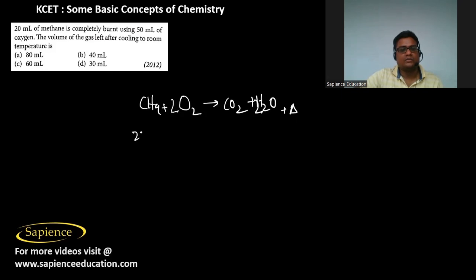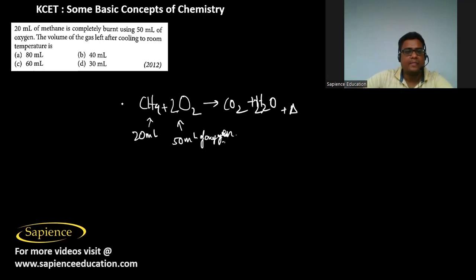So here, 20 ml of CH4 is completely burnt using 50 ml of oxygen. The volume of the gas left after cooling to room temperature is?